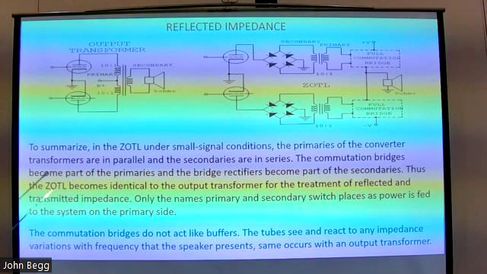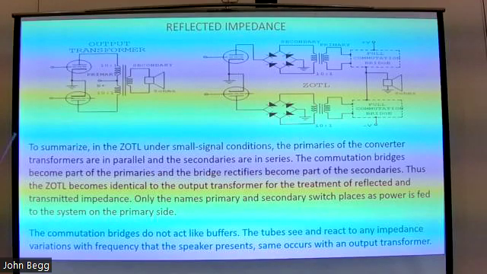And the point I want to make with this reflected impedance, and why it's so important, is the ZOTL works just like an output transformer for back EMF, damping, and how it responds to weird reactive loads. It works exactly the same way as an output transformer.